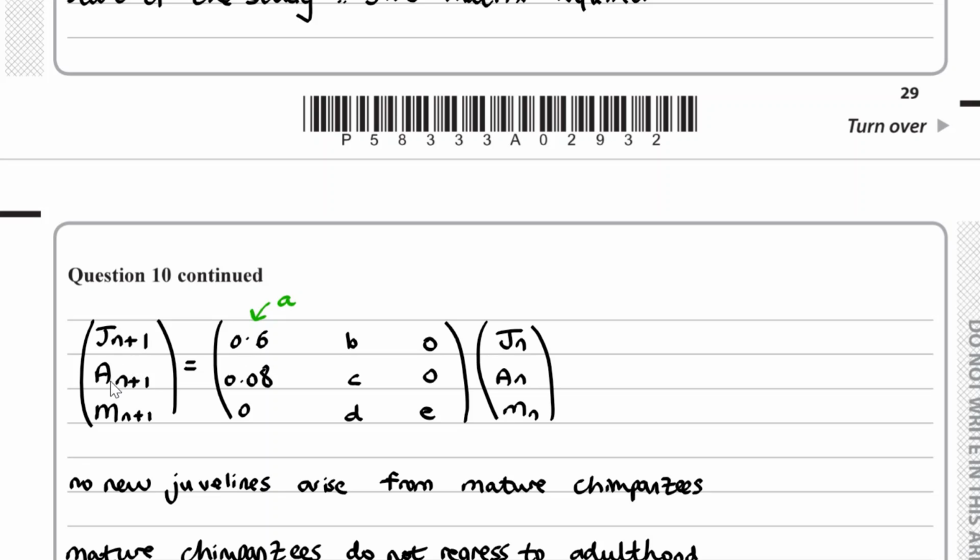We've got Jn plus 1, An plus 1 and Mn plus 1, and that's equal to this matrix multiplied by this vector Jn, An and Mn. Okay, that makes sense. Now the difficulty in this question is determining what goes inside the elements of this matrix. That's the hard bit of this question.